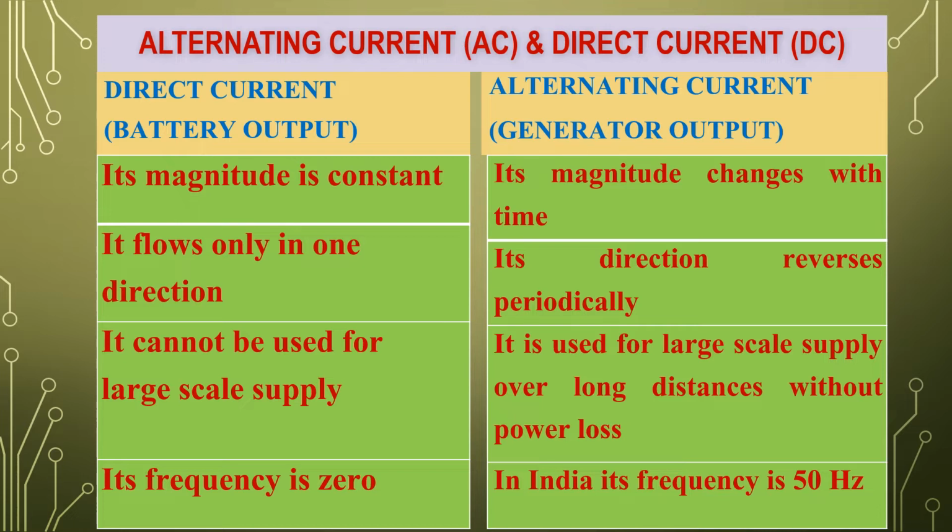The frequency of direct current is 0. But the frequency of alternating current, which we are commonly using in our home circuit, is 50 Hz in India. Let's watch the next video to understand the working of AC and DC generator.